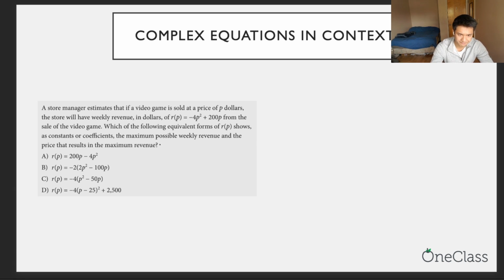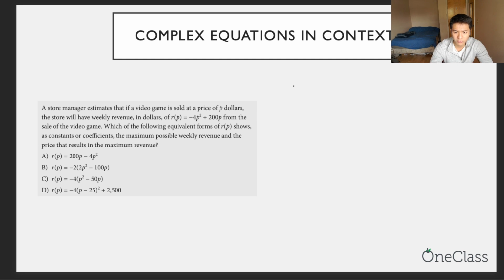So basically, looking at this question, we're looking for the maximum possible weekly revenue and the price that results in the maximum revenue. And this is going to be in the form of a parabola. What we're looking for is the vertex point, right? And so if we can put this into vertex form, then we'll have the final answer to the question.